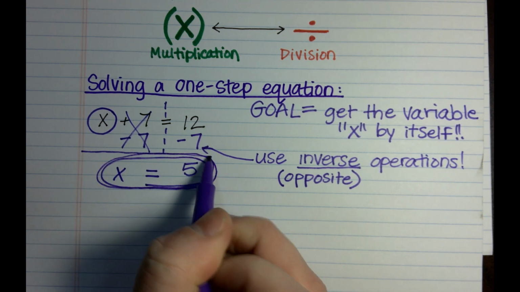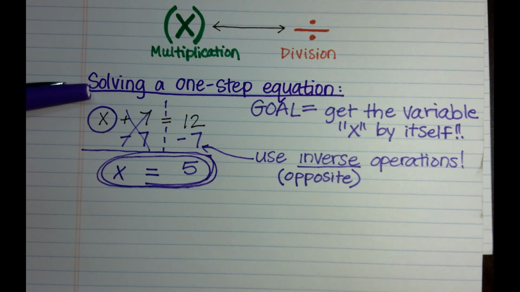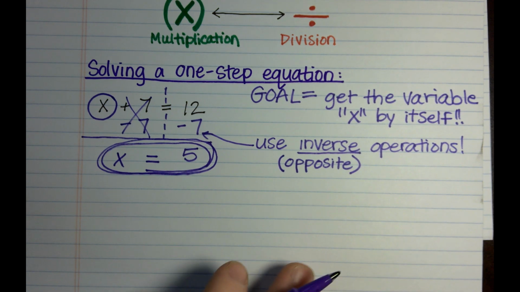Here we go. So this was a one-step equation because we only had to do one step. We subtracted 7 from both sides. That was it. We got our answer. Now, a two-step equation is when we have more than one operation happening to our variable. And we did some examples of that in our do now, but let's talk a little more in depth about how we know what to do first.